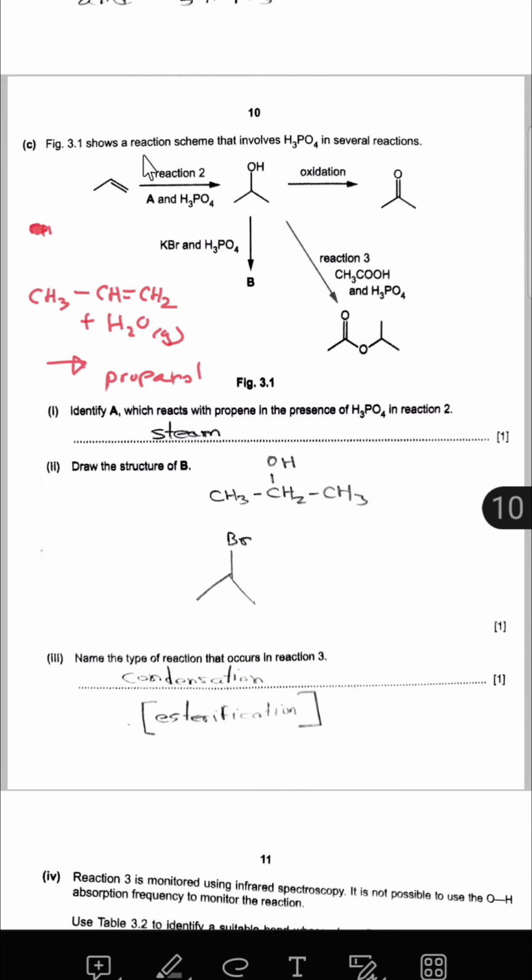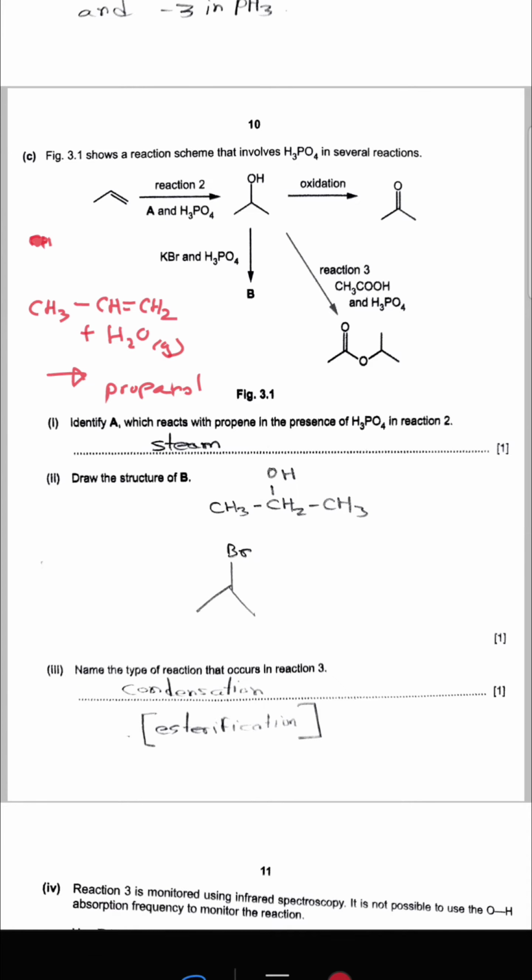Then figure 3.1 shows the reaction scheme that involves H3PO4 in several reactions. Here we have to identify A, which reacts with propene in the presence of H3PO4. Here we have drawn propene.